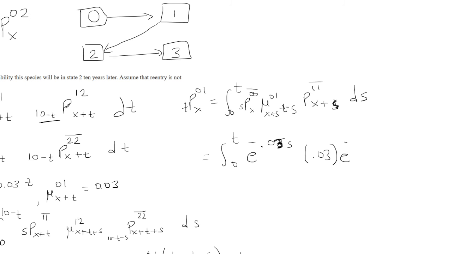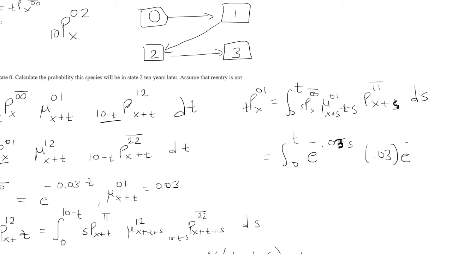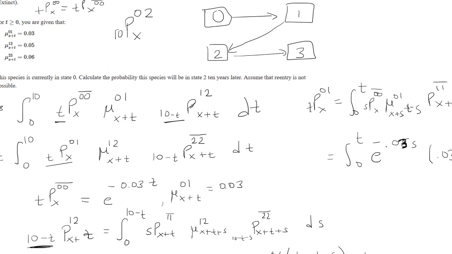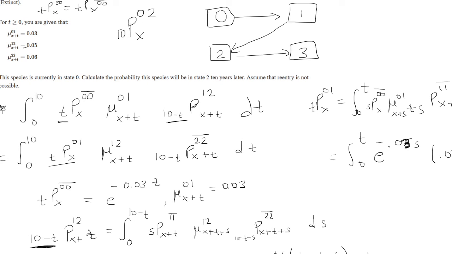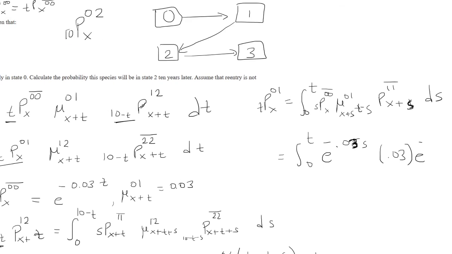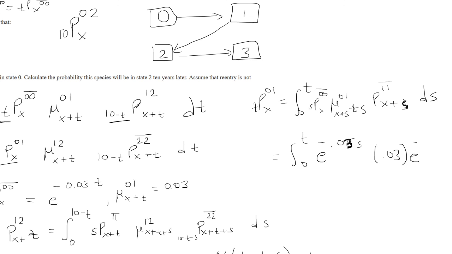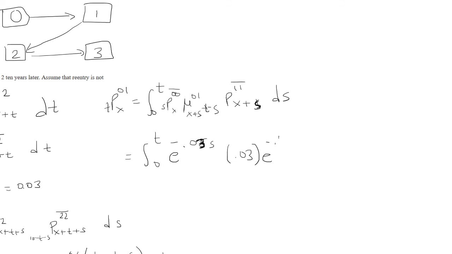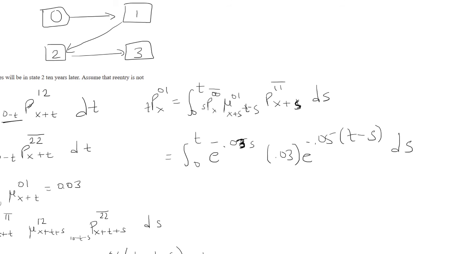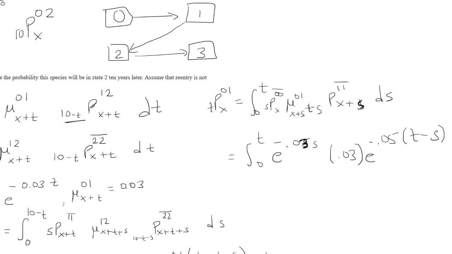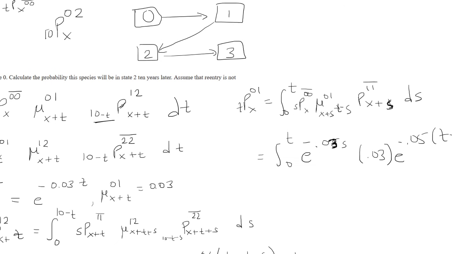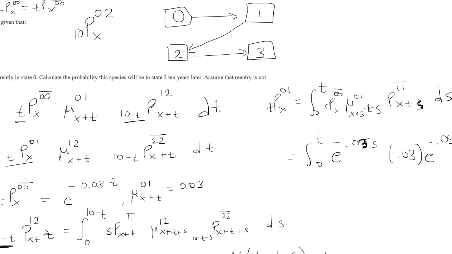Well, if we go back, leaving state 1 is 0.05. So that's going to be e to the negative 0.05 times t minus s, ds. Okay, so that's that probability of starting at state 0 and going to state 1 after t years.